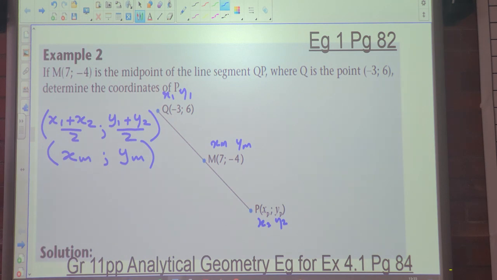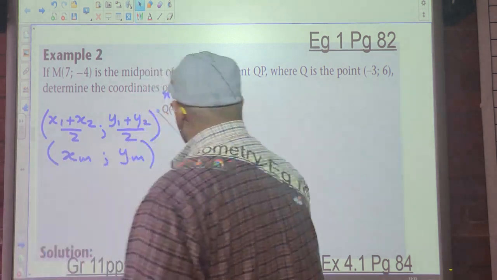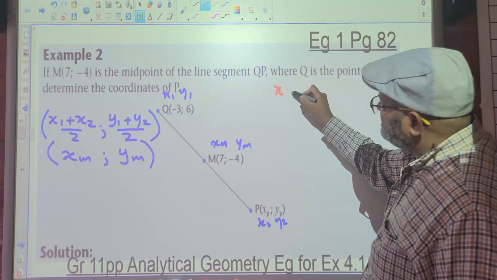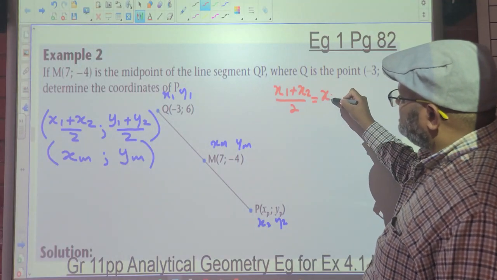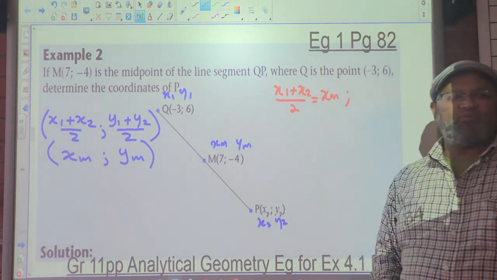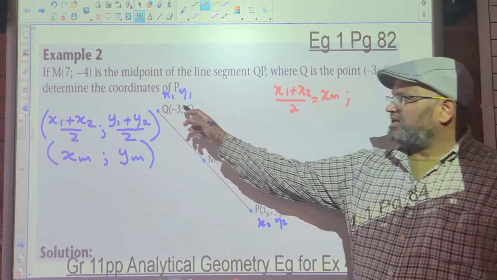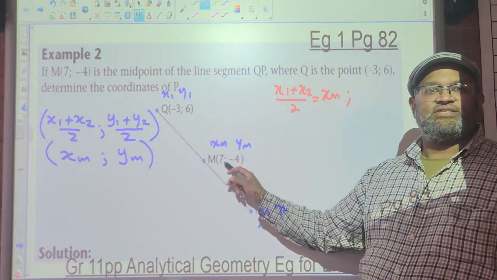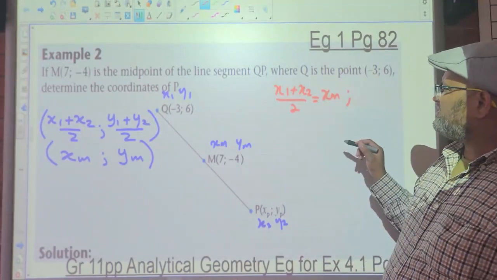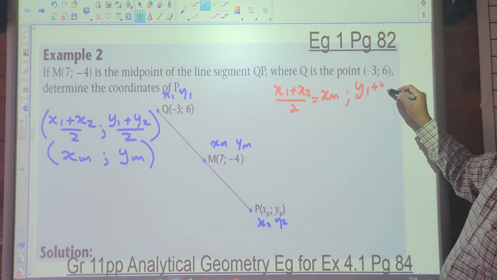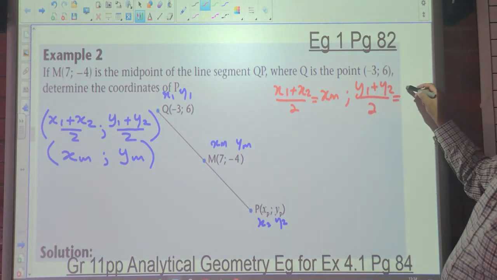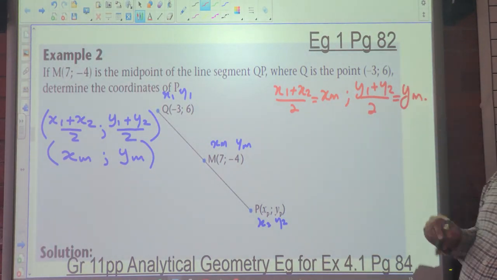Yes. So coming from there, I'm then going to derive that x1 plus x2 over 2 must be equal to the x value of that midpoint. So that plus that over 2 will normally give me this. I'm just writing that out in formula. y1 plus y2 over 2 is equal to y mid.